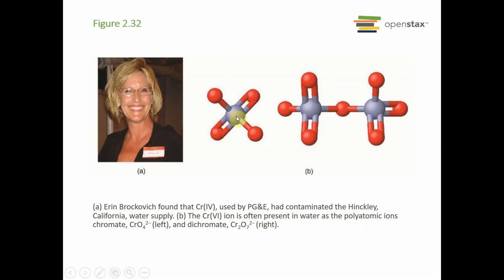So this is chromium here with oxygens, and this forms a polyatomic ion with a 2- charge. And this also forms a polyatomic ion with a 2- charge.